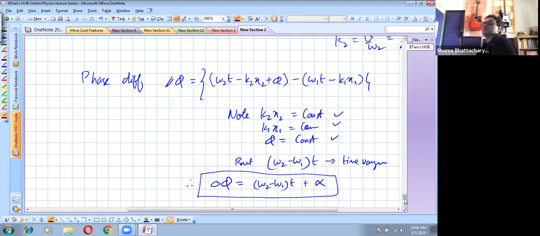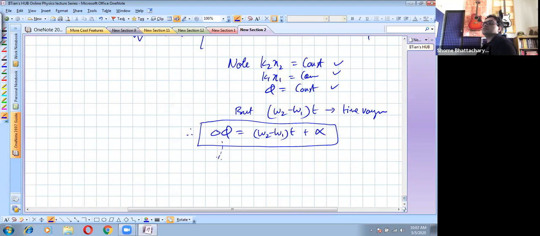So what happens as a result is my phase difference is time varying. And it is time varying in such a way that omega 2 minus omega 1 into t, you can see, is 2 pi into beat frequency multiplied by time. So it is 2 pi into beat frequency multiplied by time plus some constant. This alpha is a constant. It's a combination of all these three things, but it's okay.